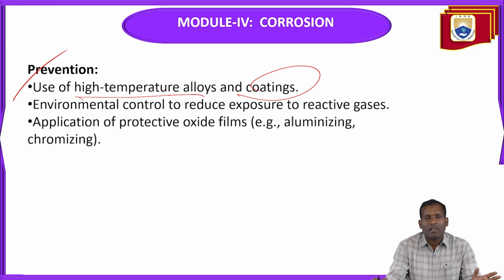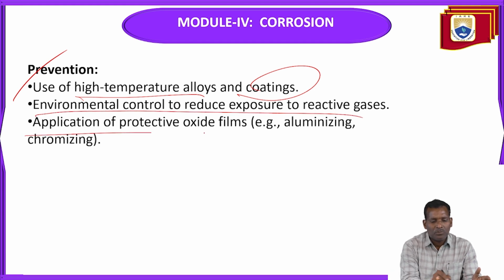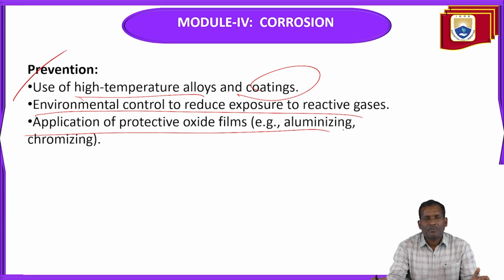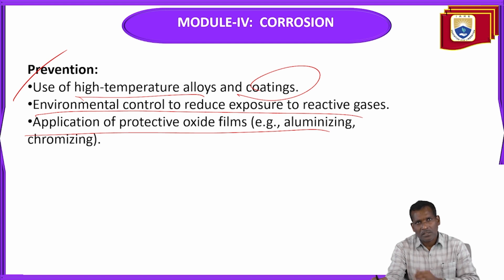With all these alloys, and coatings also, you can prevent dry corrosion. Also use environmental control to reduce exposure to reactive gases, and apply protective oxide films, for example aluminizing and chromizing. These two are oxide films.